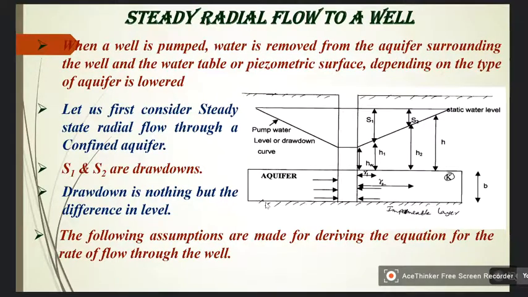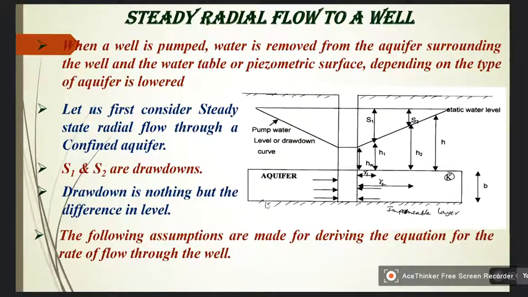Considering the static water level, before any pumping is done, we have assumed that pumping is done from the well at a constant rate Q, and as a result the water level in the well as well as in the surrounding aquifer will drop.